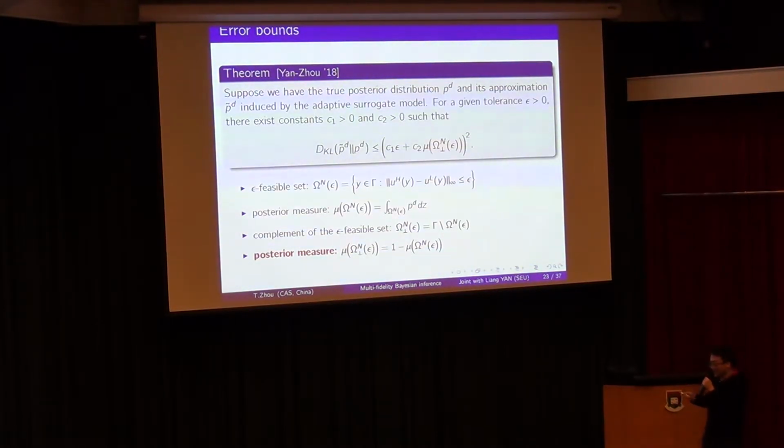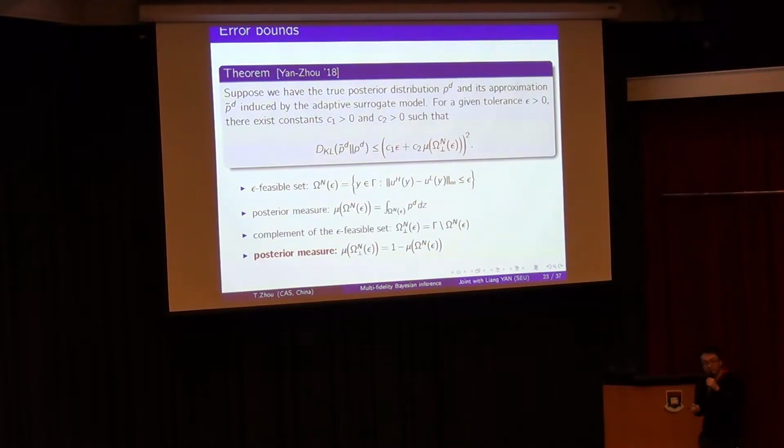So this is the error bound of this new multi-fidelity approach. This difference is bounded by these two terms. This is the tolerance. You measure the error, whether you want to update your surrogate. And the other term is given by the posterior measure, different from the previous work. It's hard to quantify how big it is.